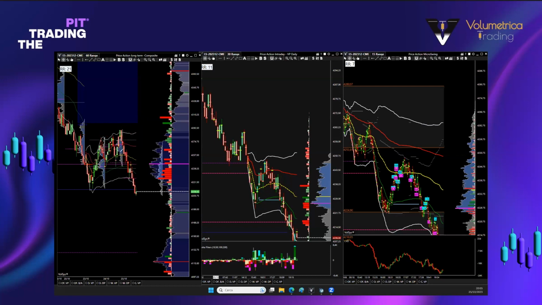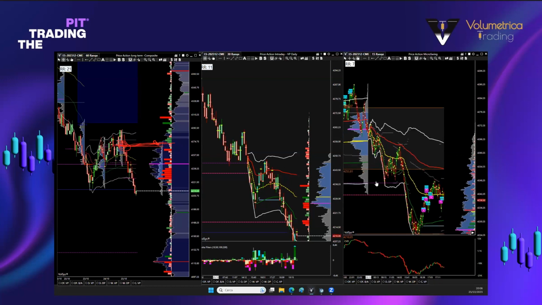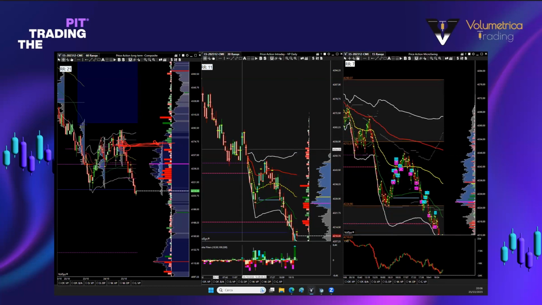Then the market started to accept below its first high volume node found on its way, and of course, considering that this possible support has been broken and acceptance started to build below this previous support area, it was the major evidence of a downside bias, which was completely confirmed after the cash market opened.